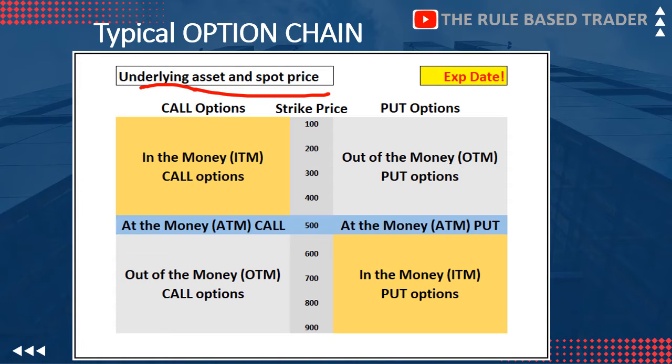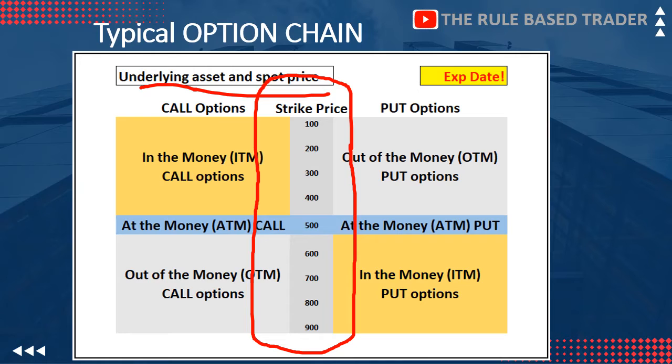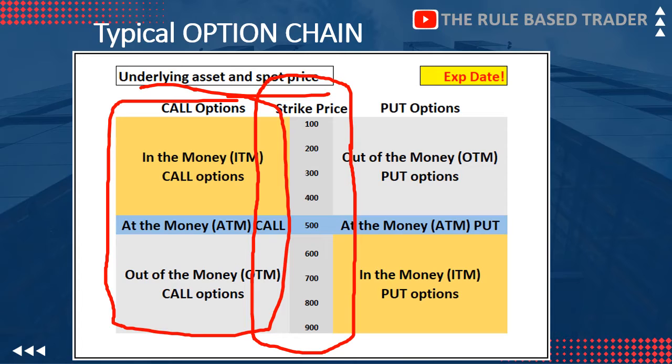The strike price is located vertically in the middle of the option chain, whereas the call options are located on the left hand side of the option chain. The put options are located on the right hand side.